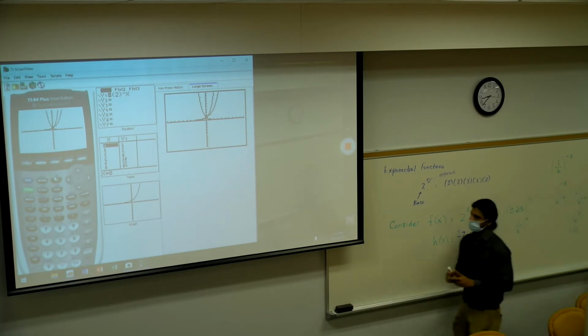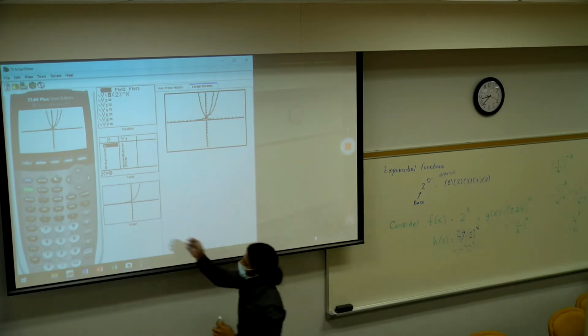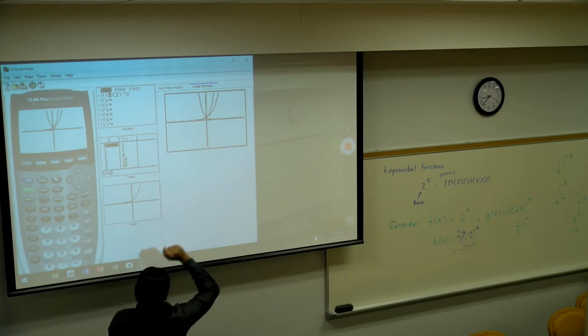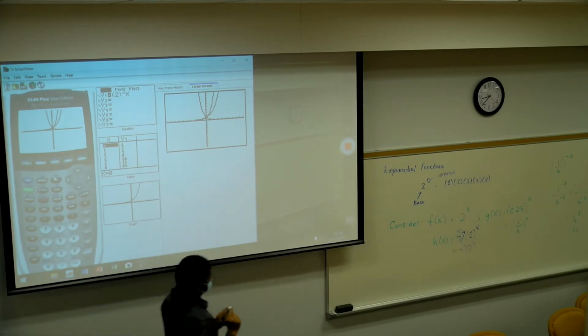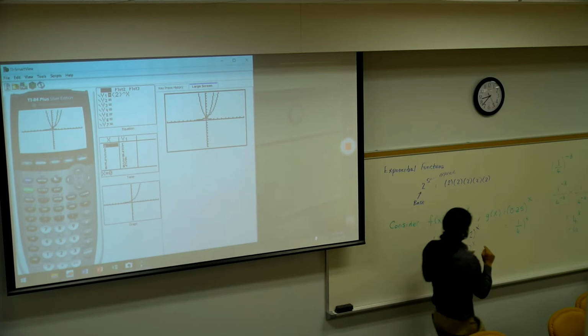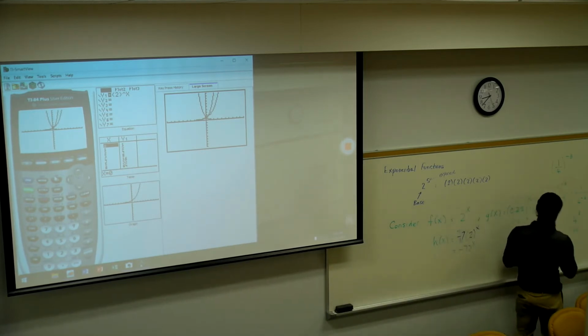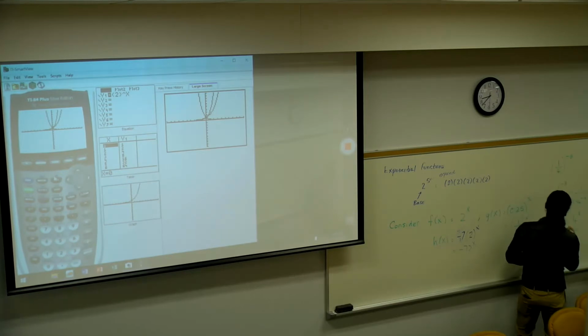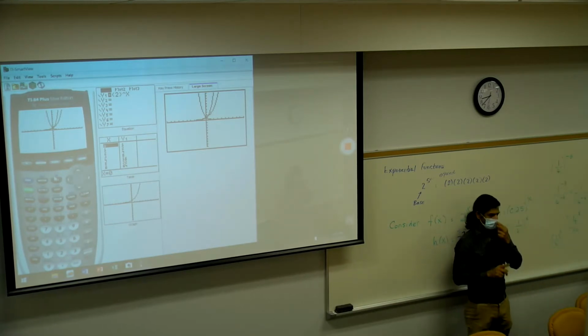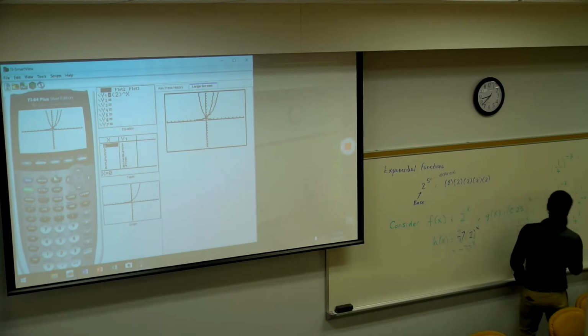So I'm going to pick a number on the positive side. Let's say I pick 1. Instead of -3, x is now 1. What is 1 over 4 raised to 1? 1/4.